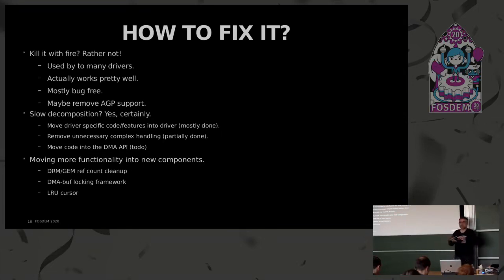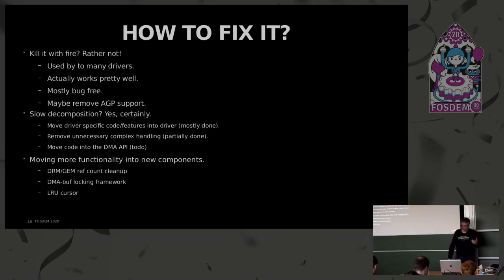The last thing here is LRU cursor handling. As I said before, during eviction, TTM is relatively inefficient when it comes to picking which buffer to evict. It always starts at the beginning, then moves over maybe thousands of buffers which are not valuable for eviction until it finally finds a candidate and evicts it. Then it starts from the beginning again, if that's not enough, to find the next candidate.